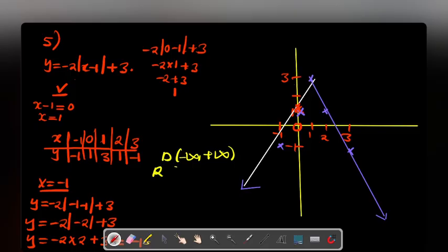Then the range: our graph is starting at the y value that we have, 3, from the vertex. So it will be 3 to where it's going to negative values, so to negative infinity.